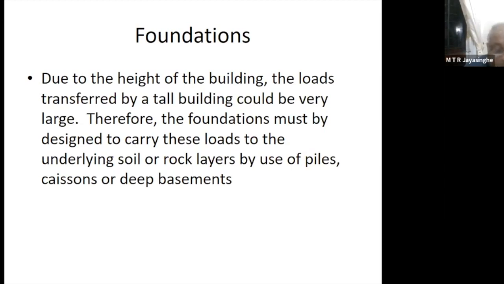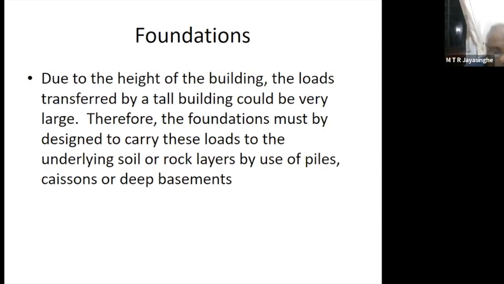And what is the difference between a raft and a pile raft? In the pile raft, you will get some friction piles and a raft. So when the system is loaded, the piles will carry some load, raft will carry some load, and raft will ensure the soil is loaded everywhere.